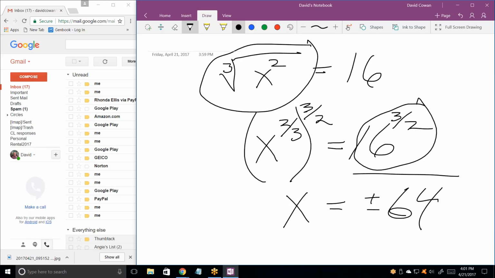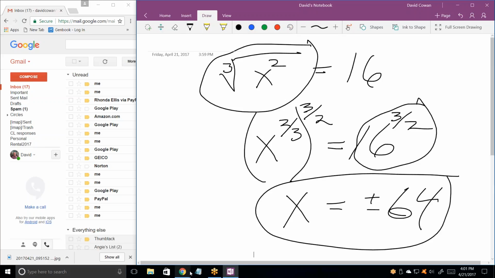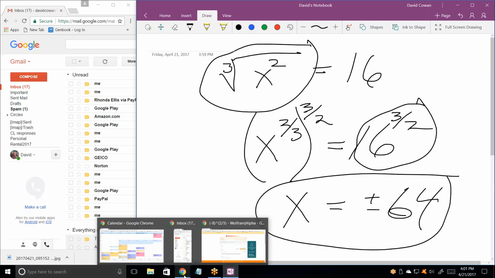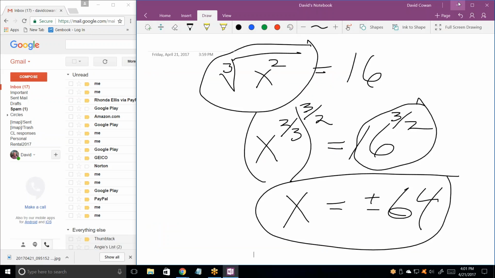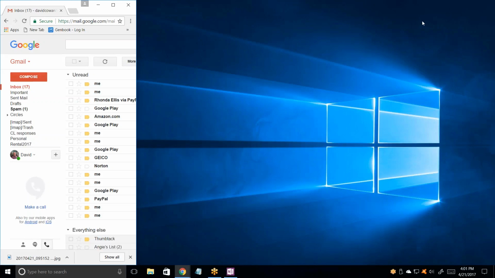So I'm guessing that is the right answer. You know what? Hold on a second. I'm a little confused here. I'm going to check this in Wolfram Alpha. Let's make sure that it gives you the same answer. What I want is x to the 2/3 equals 16.